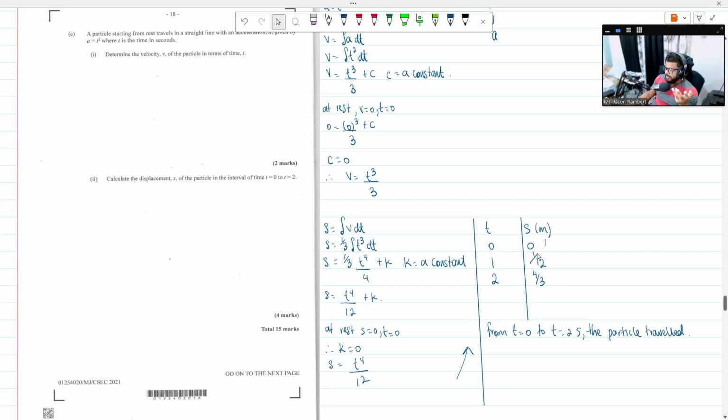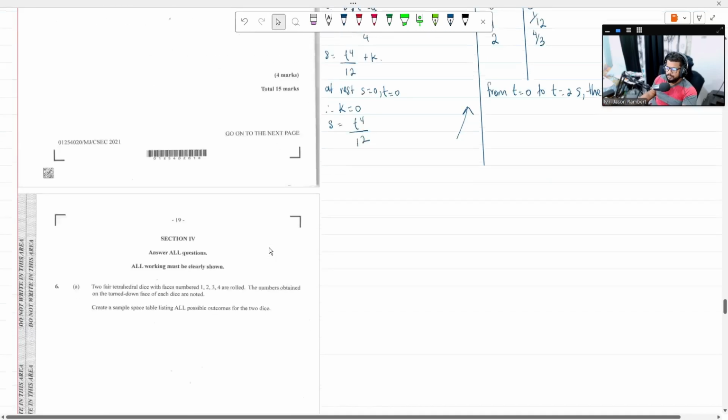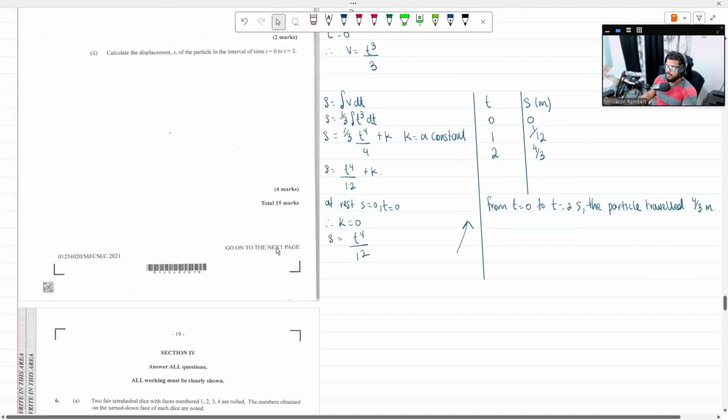And then from here to here, it will travel 4 over 3 take away 1/12. And when we add up both of them, we get the 4 over 3. So it traveled 4 over 3 meters. Cool. That's it for number 5.